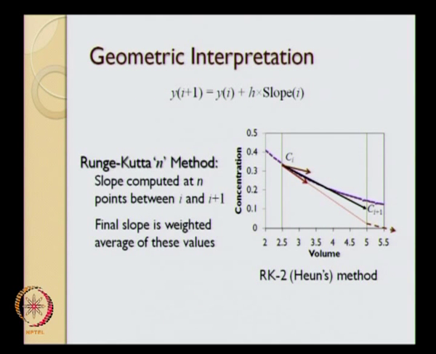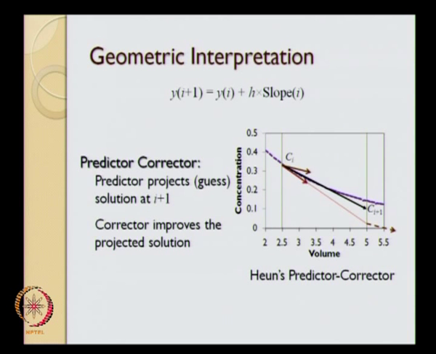Let us go back one more slide and just talk about Heun's method again. Heun's method computes the slope at Vi, and computes the slope at the projected value of Ci plus 1 at Vi plus 1, not the actual value of Ci plus 1 at Vi plus 1. The predictor corrector method does similar things, but in an iterative way. What we do is, this red arrow is nothing but the predicted value Ci plus 1.